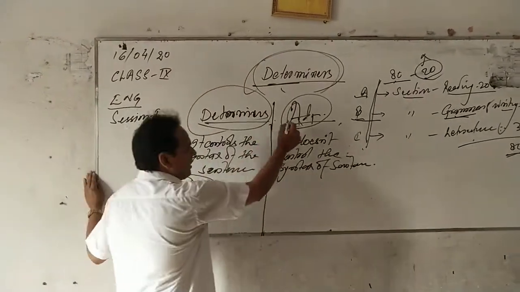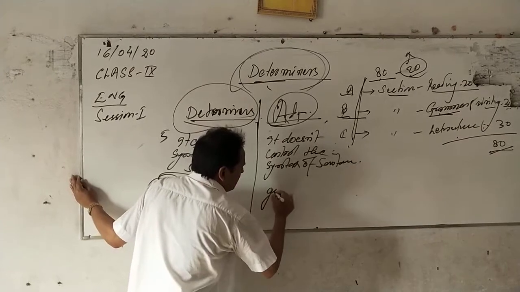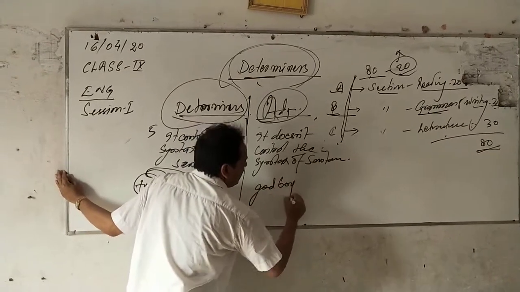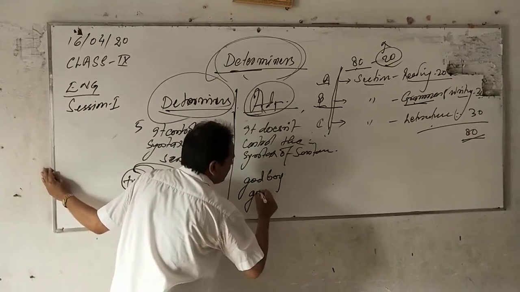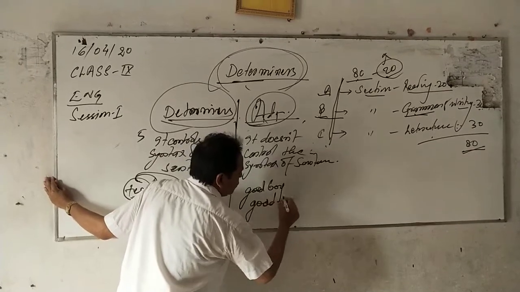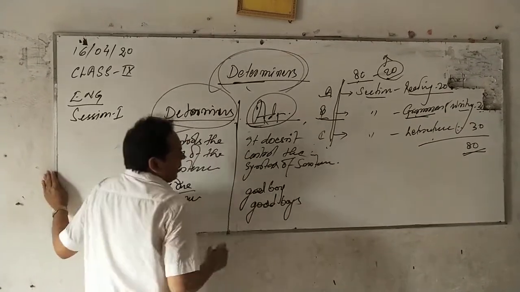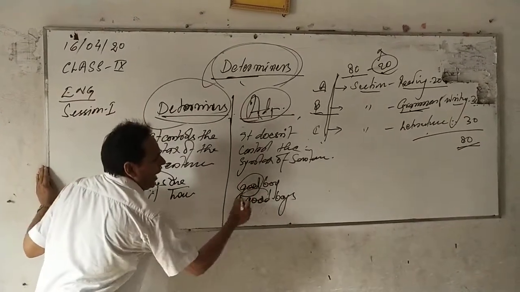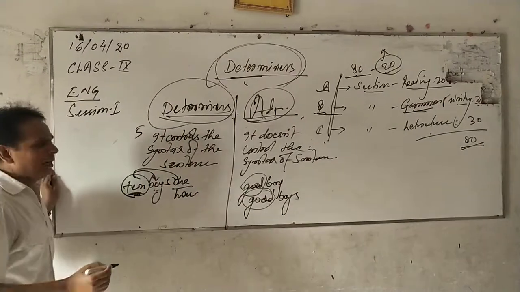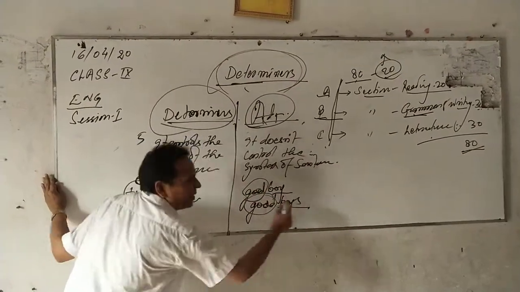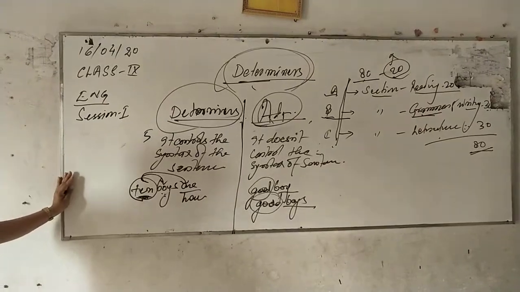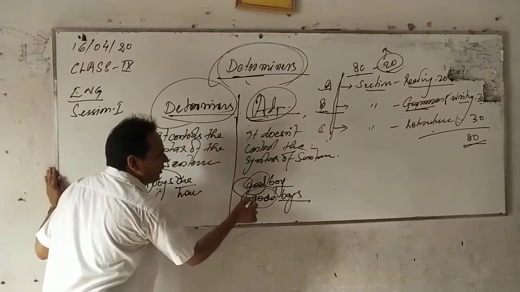But with an adjective, if you write good boy or good boys, the adjective doesn't have to take any tension about boy or boys. Let it be boy or boys, it doesn't make any difference.